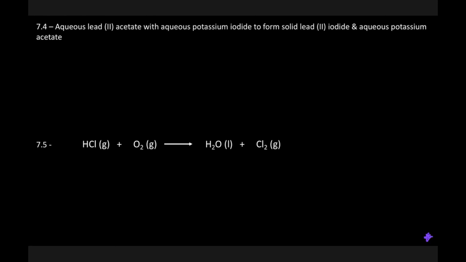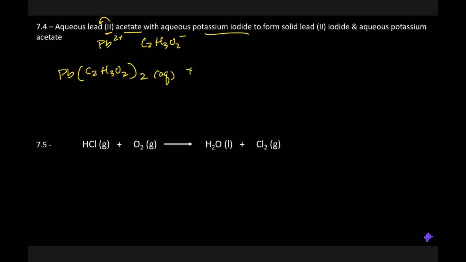Next up, some more practice. Lead 2, so this is Pb2 plus, acetate, C2H3O2 minus. So that means we have Pb(C2H3O2)2, and it's aqueous, it says, plus aqueous potassium iodide, which means it's the binary aqueous, forms solid lead 2 iodide.